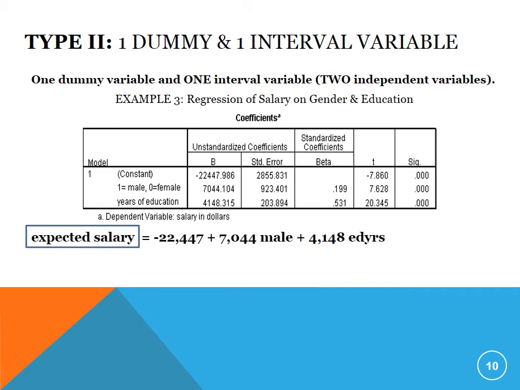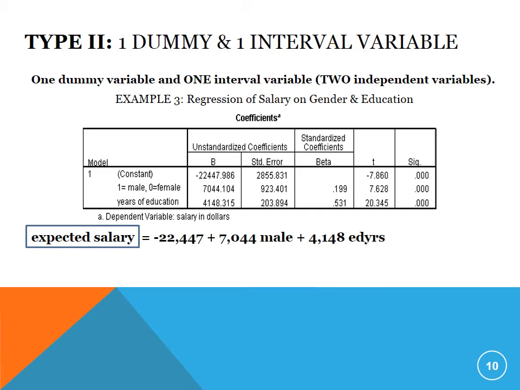So here's our equation. We've got expected salary. We can say expected, right? Because there are 3 B values, but we have so many more expected values. We have expected values for males, for females, and then we can count years of education at 12, at 13, at 14, at 15, right?